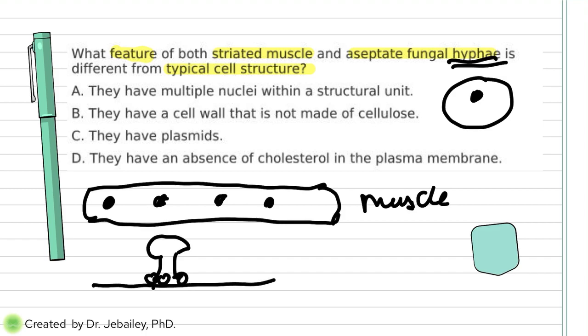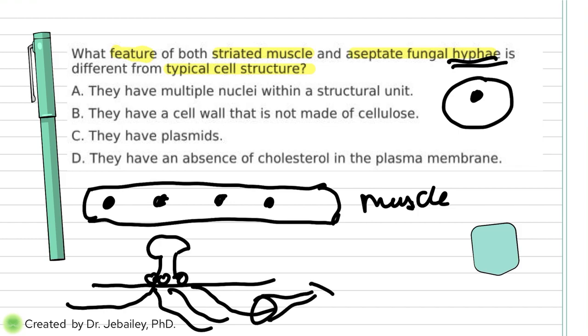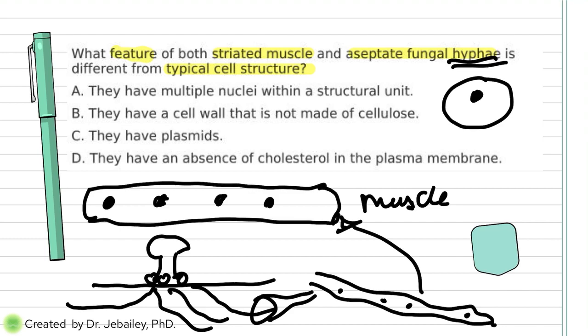And then you have these nice long root hairs coming down, and these are hyphae. Now, if you zoom in, it looks like a long cell. And again, its cytoplasms are connected. So it is the same thing as the muscle. They both have a lot of nuclei in there.